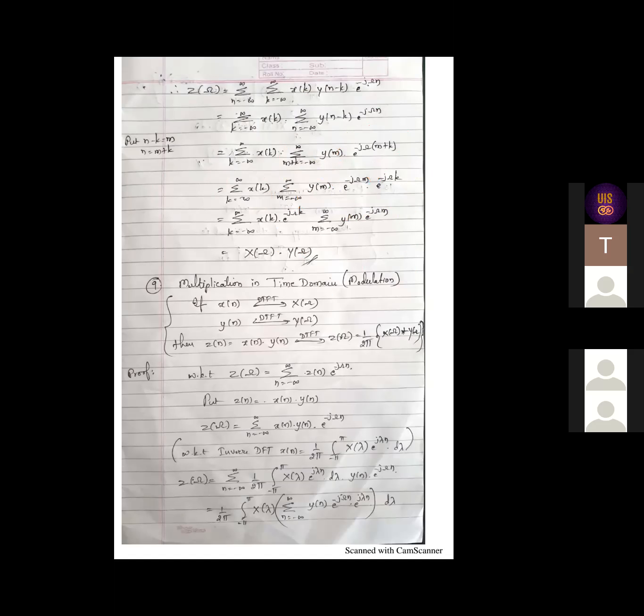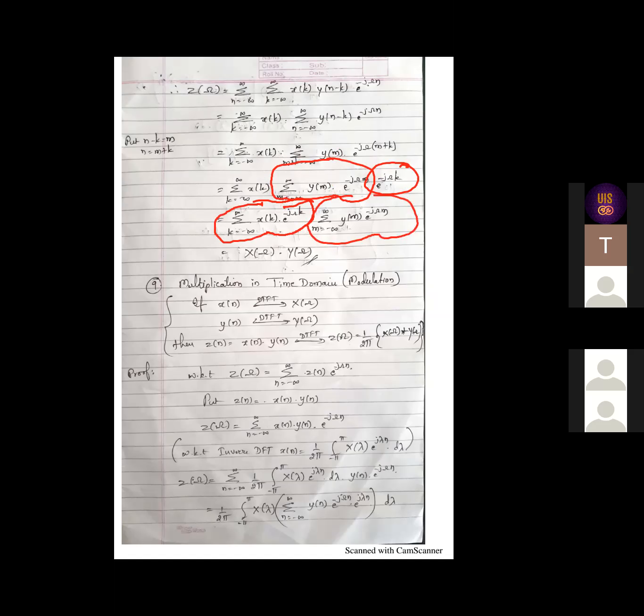So the summation of x of k as it is, with one exponential term, and the remaining I have written as it is. We have two summations, one for k and one for m. The x of k variable and its exponential both have k. On the other side, y of m and its exponential both have m.